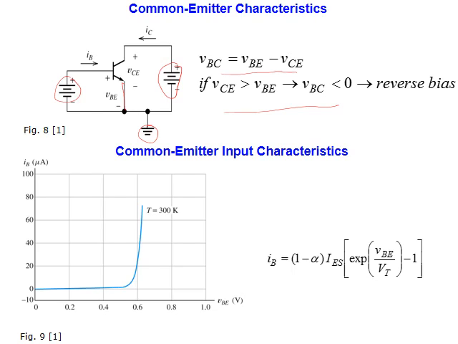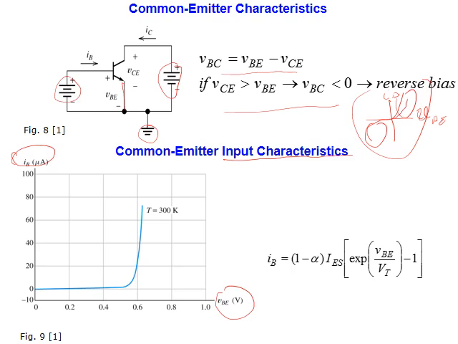Now for the characteristics, you remember for the diode it was in this way. This is ID and this is VD. This is the forward, this is reverse, it's one graph. But for the transistor we have two graphs. One is the input characteristics, which is the relationship between V base emitter and I base. It looks similar to the forward bias of the diode here.